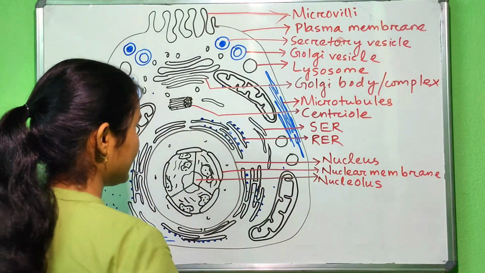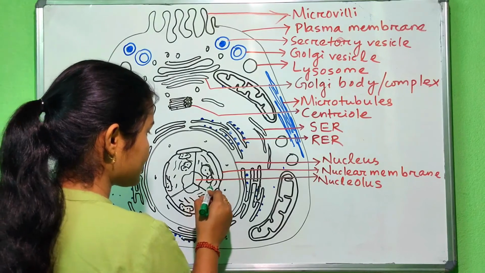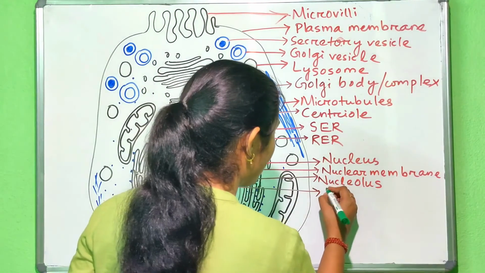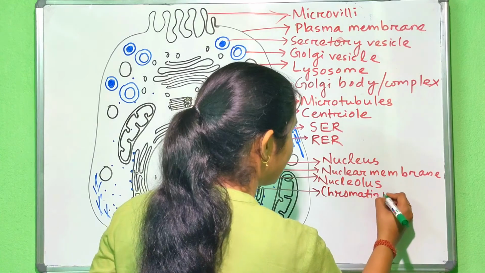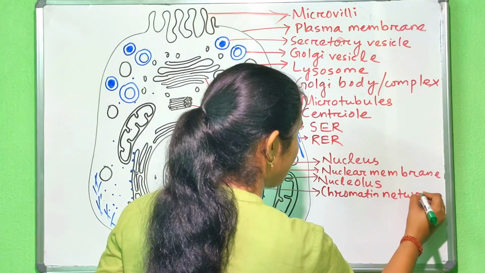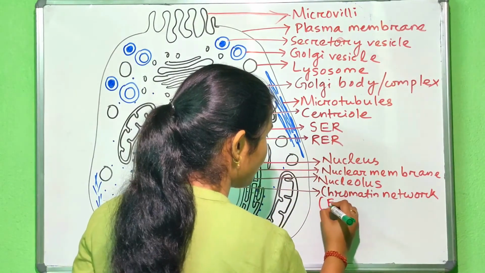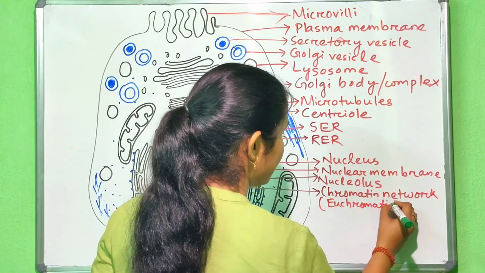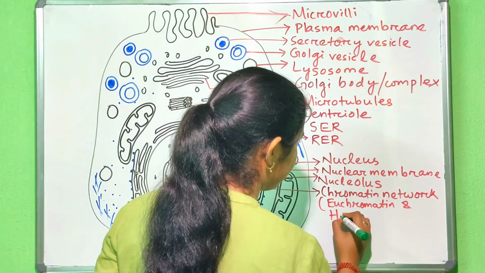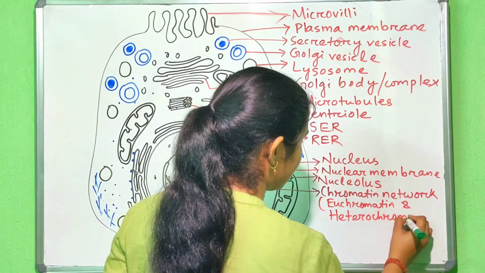And there are various chromatins present inside the nucleus. Those are the chromatin network. And in the chromatin network, there is also presence of euchromatin and heterochromatin.